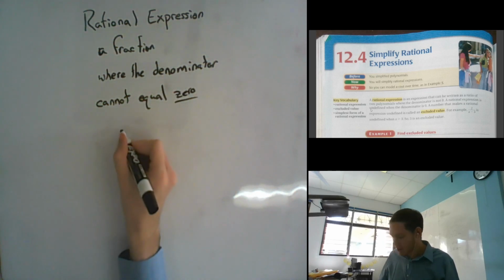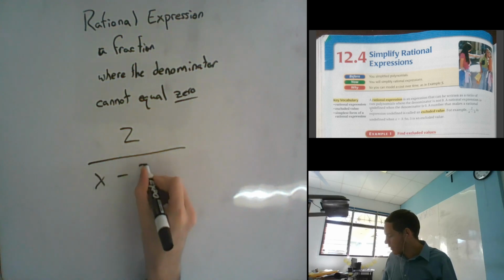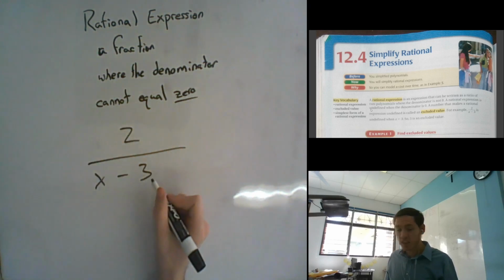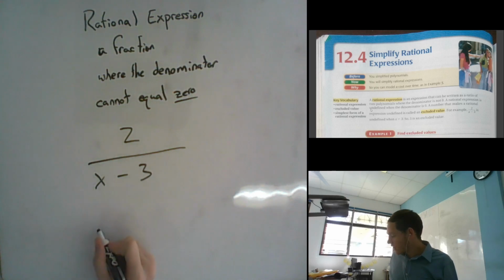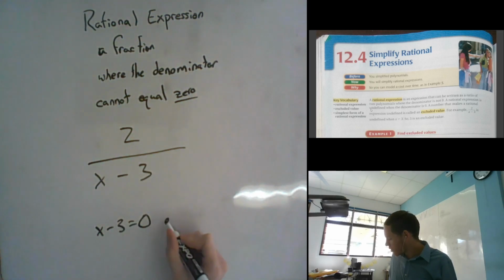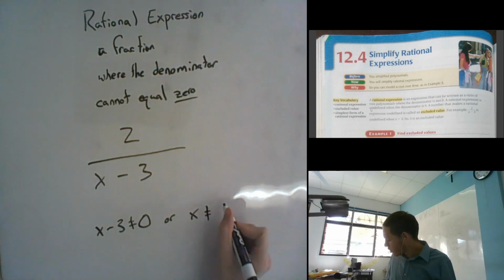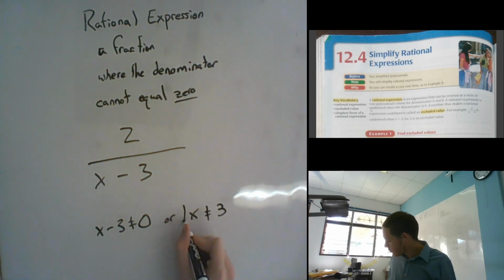Okay, so an example of this would be this. This would be a rational expression unless x minus 3 equals 0, or x cannot equal 3.